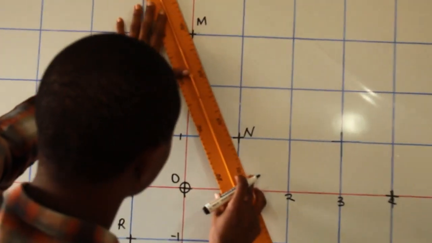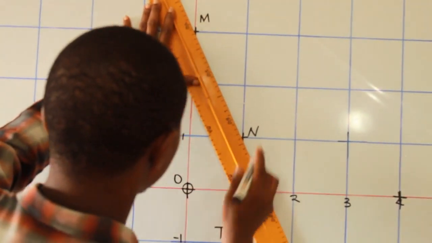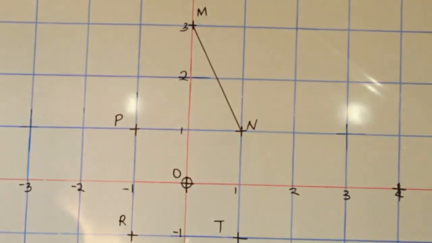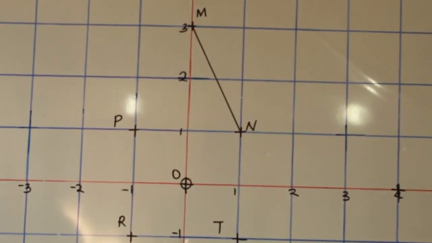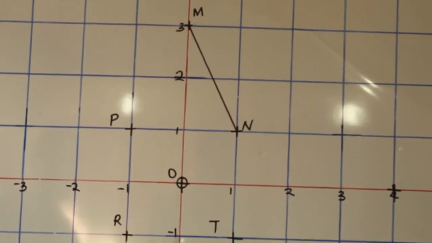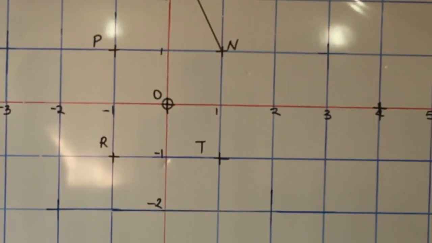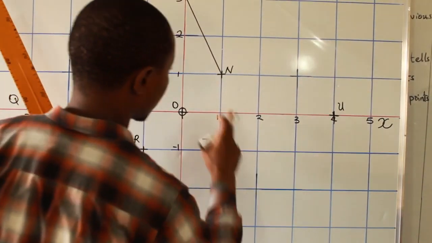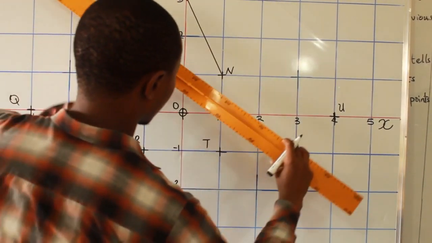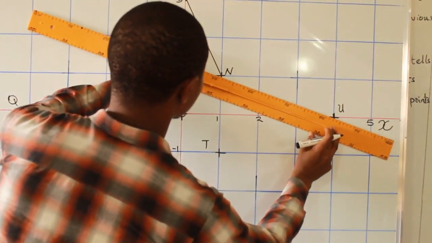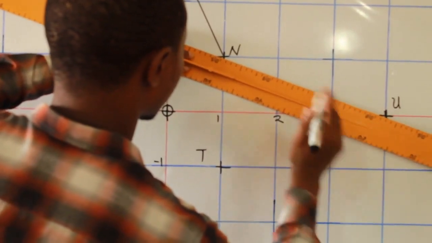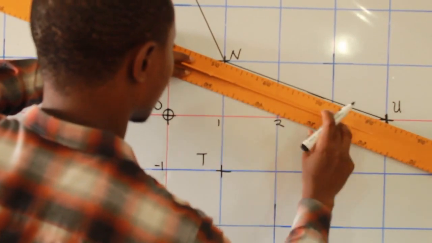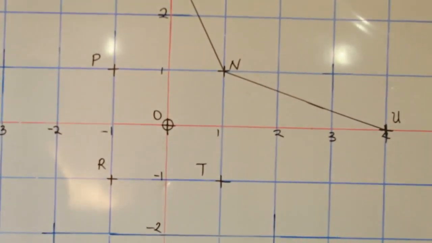Point M to point N. The next is joining point N to point U. Our point U is our last point. Point N to point U.